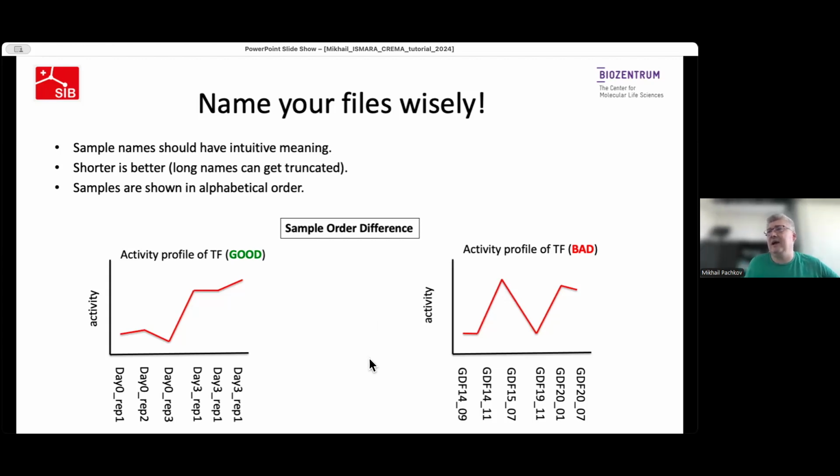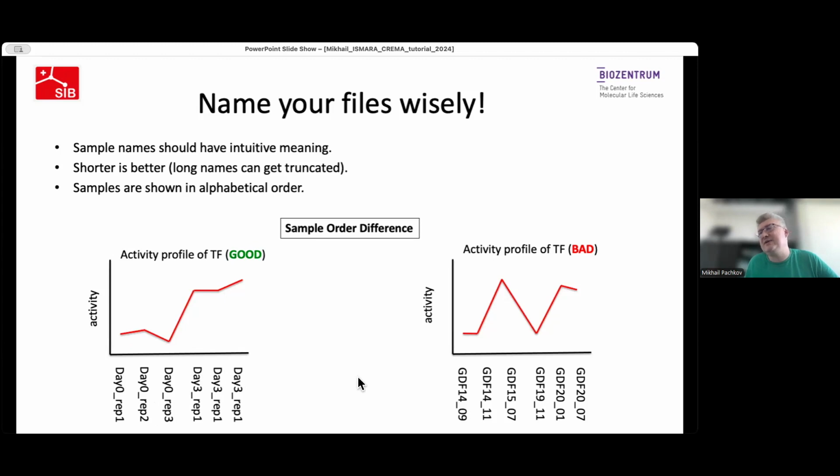In the case on the left, you can see a profile which has proper sample naming, and the samples are sorted correctly. You can see there is a clear difference between, for example, day 0 and day 3.